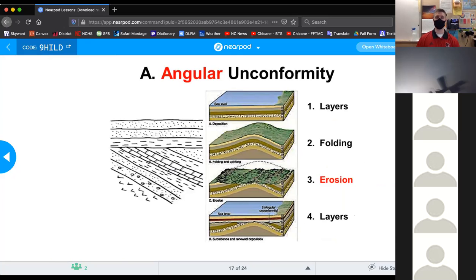So this forms that angular unconformity because those rock layers are at an angle, and it meets the horizontal layers of the newer rock, which can lead to some interesting and unique rock formations. So that's an angular unconformity.